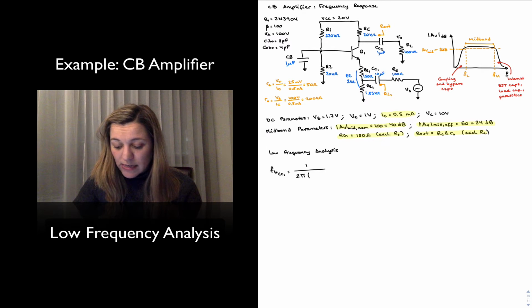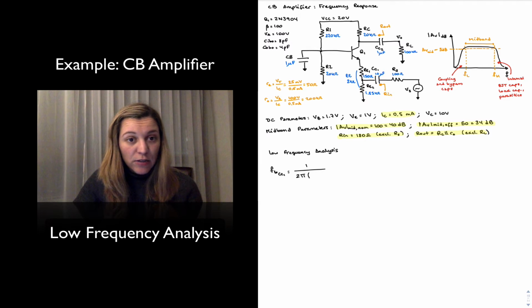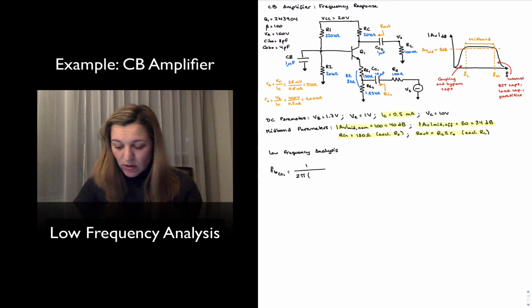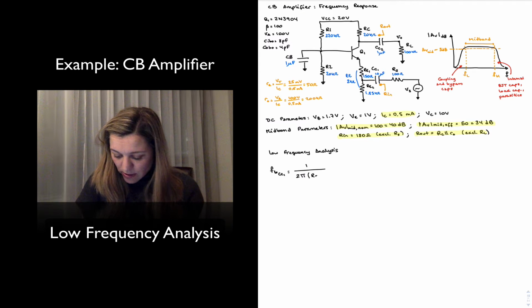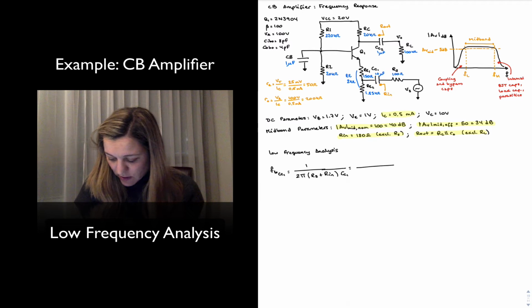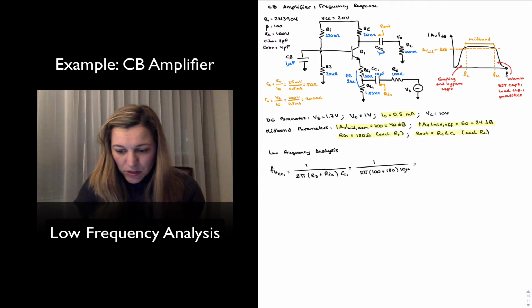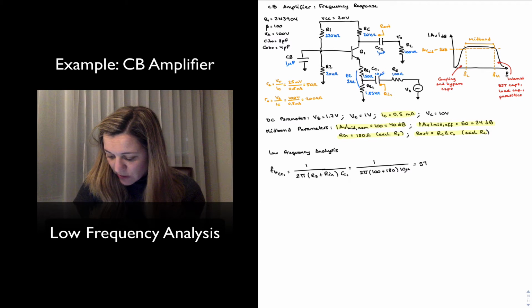So it will be RS in series with the input resistance that we previously calculated, looking into our circuit. So RS plus Rin times CC1. This is 1 over 2 pi, 100 plus 180 times 10 micro, which is approximately equal to 57 Hertz.